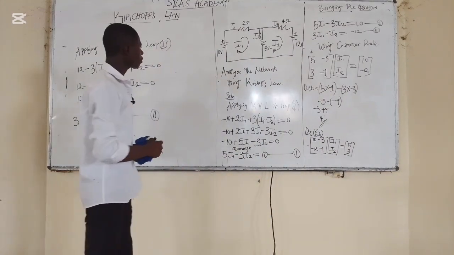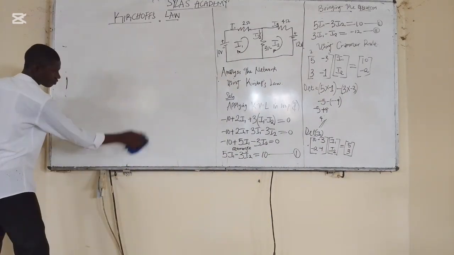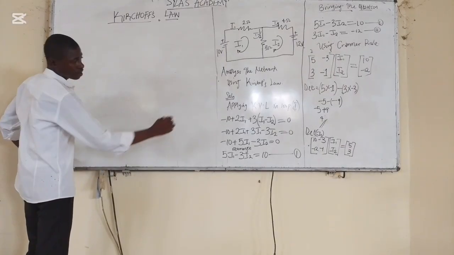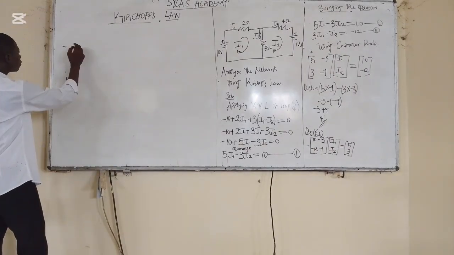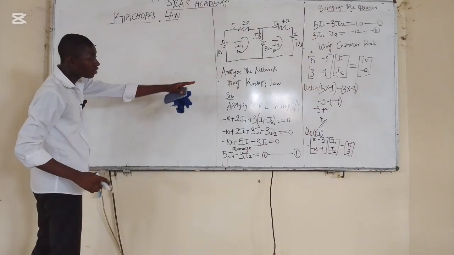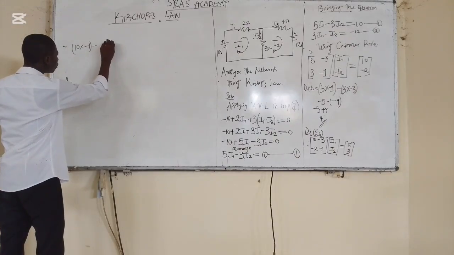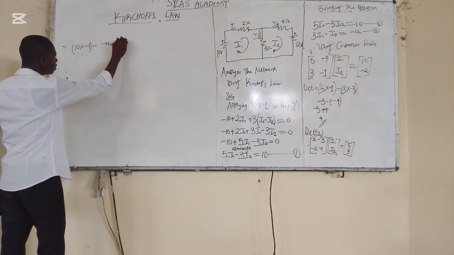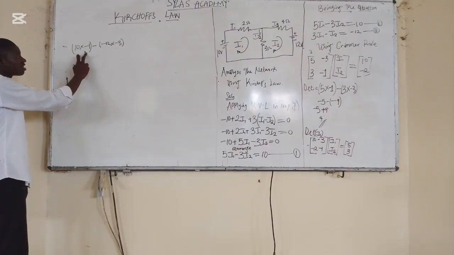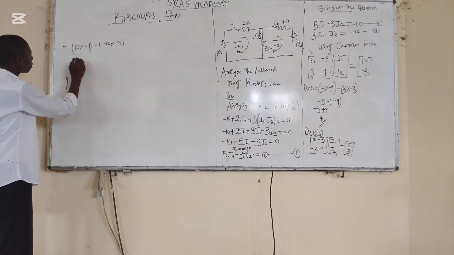Okay. Take the determinant of that matrix. That is 10 times minus 1, minus the other diagonal, which gives you minus 12 times minus 3. How are you going to solve this? 10 times minus 1 gives you minus 10.